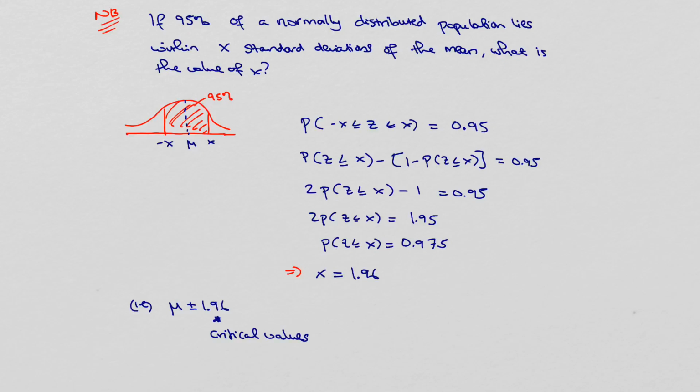If we go back to the empirical rule, normally we would say that 95% lies within 2 deviations, so 2 and minus 2 deviations away from the mean. Of course, 1.96 deviations rounds to 2, but the exact value is 1.96. And this is essential for our hypothesis testing when we're looking at 95% confidence intervals at a later stage.